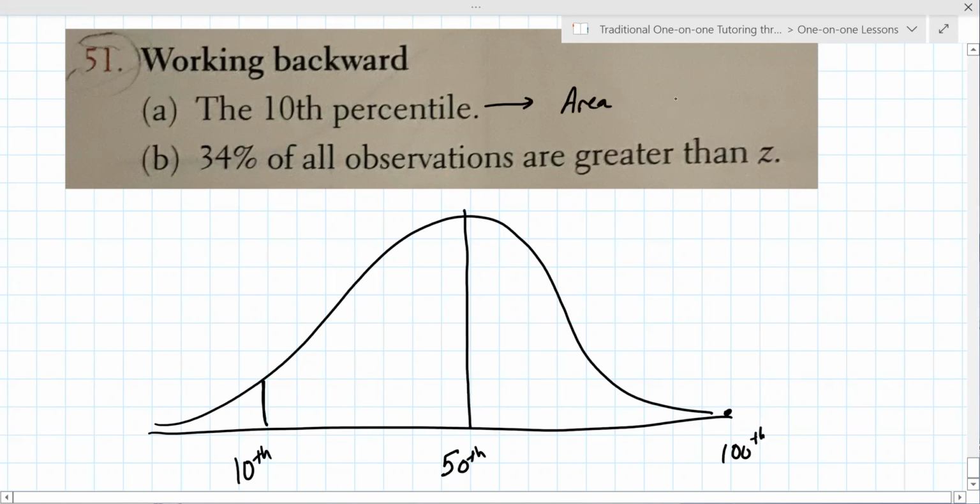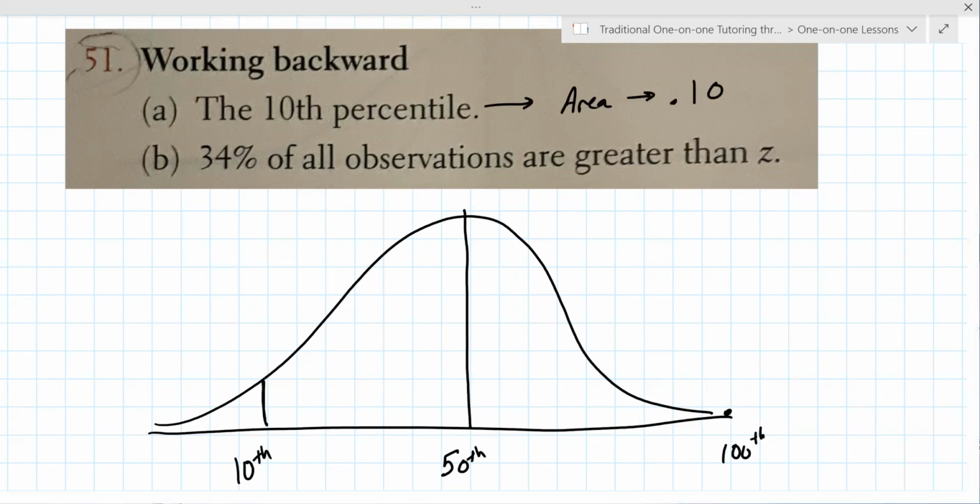So the 10th percentile means an area of 0.10. Whenever you see the word percentile, think area, and you convert it right to the decimal 0.1. And that's where you go to your table. You're looking in the interior of the table for 0.1.